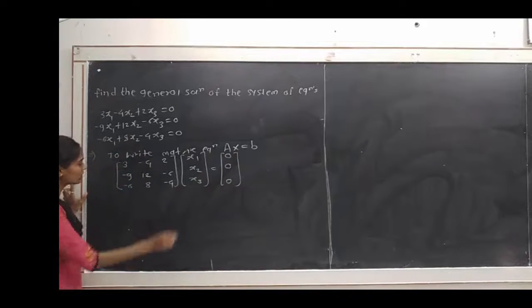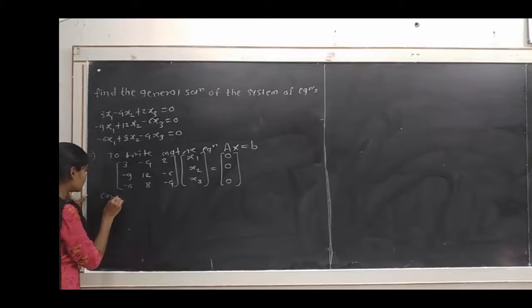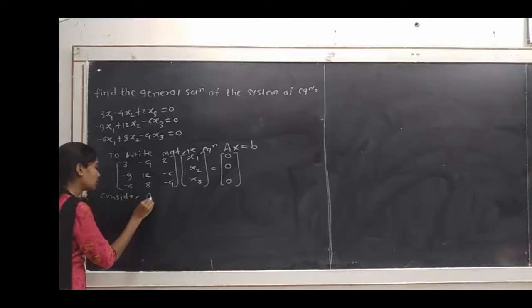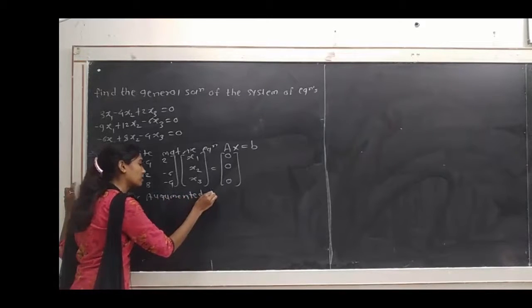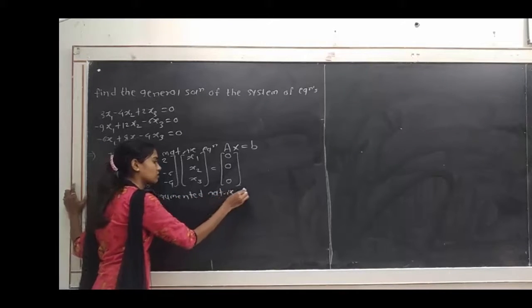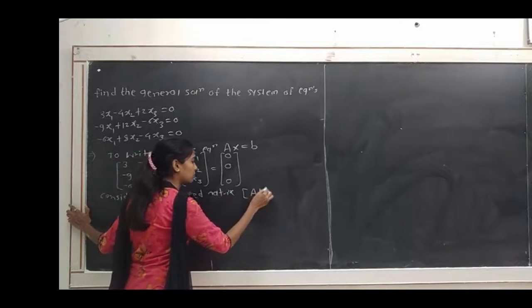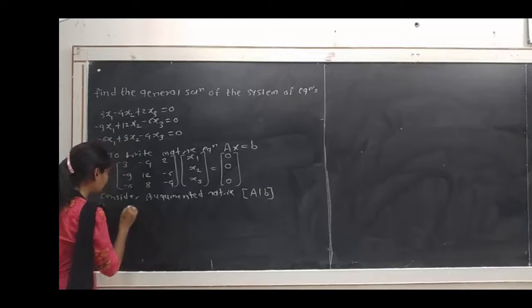Then from that, consider the augmented matrix, A augmented with B. We have to take A and B in one matrix.